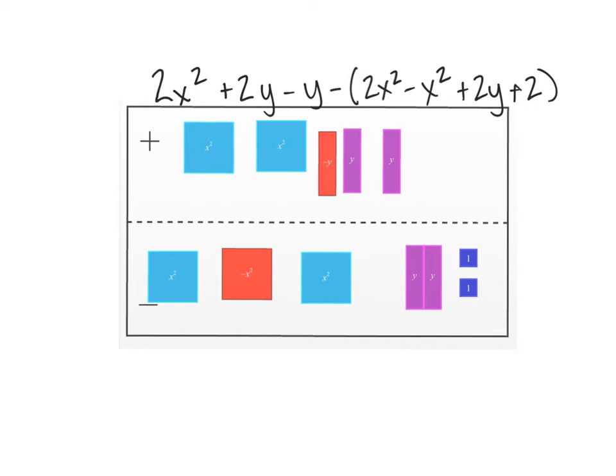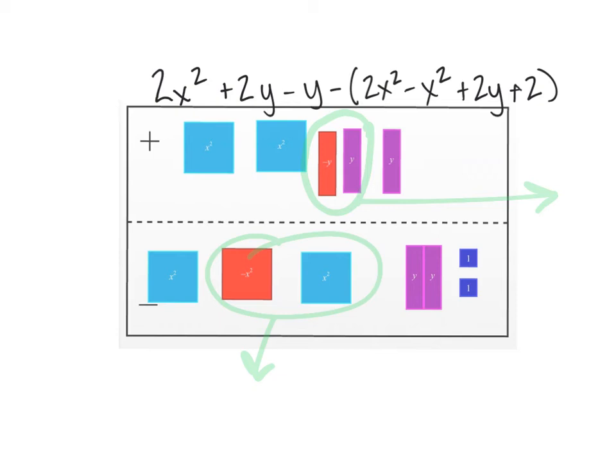All right, so let's go ahead and simplify by removing 0 pairs. So again, I'd like to start with removing opposite tiles in the same region. So there's a y and a negative y that can be removed because they make a 0 pair. And I have an x squared and a negative x squared tile that can be removed because they make a 0 pair.